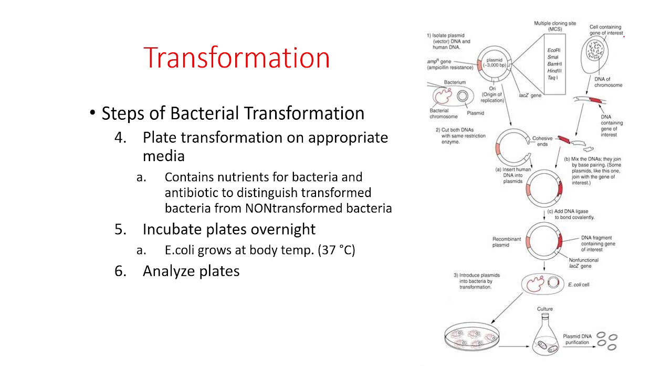In the meantime, you have the DNA containing the gene of interest. You cut them with the same restriction enzymes. Now what you do is you insert the human DNA into the plasmid and you mix the DNAs. They will join by base pairing. After you have done this, you add the DNA ligase to join them covalently. So DNA ligase is what it does, it joins them covalently.